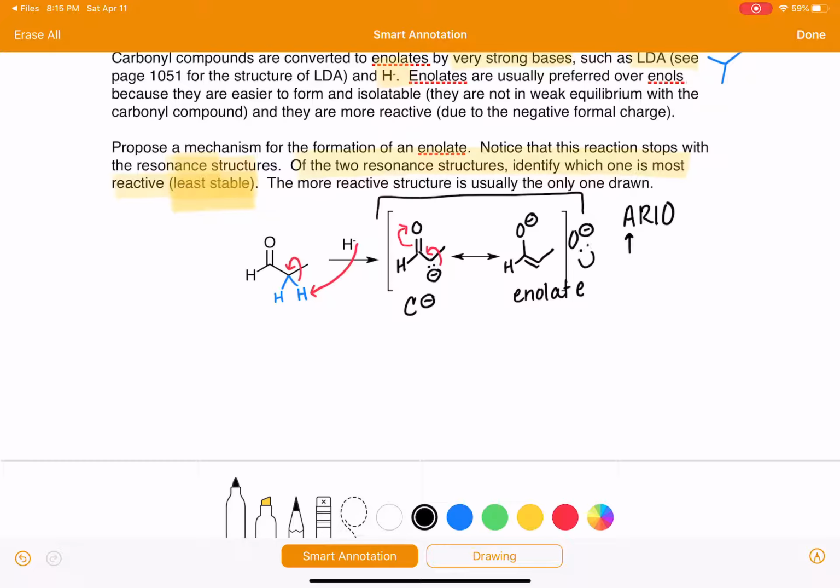Oxygen is much happier having the negative charge, which means that it is more stable, which means that it is less reactive. Which means that this structure right here, I'm going to get rid of the C-, is the most reactive structure, the most reactive version of the enolate.